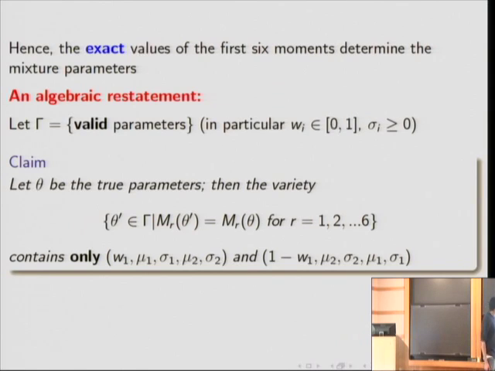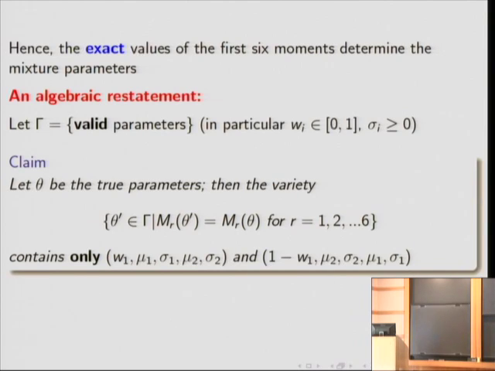So I'm going to consider theta as the true set of parameters that are hidden. And I'm going to consider theta prime as a set of variables. So I need theta prime to be a valid set of parameters. But moreover, what are the constraints that theta prime really match the first 6 moments of theta? They're a system of polynomial equations. This is exactly what Pearson used.